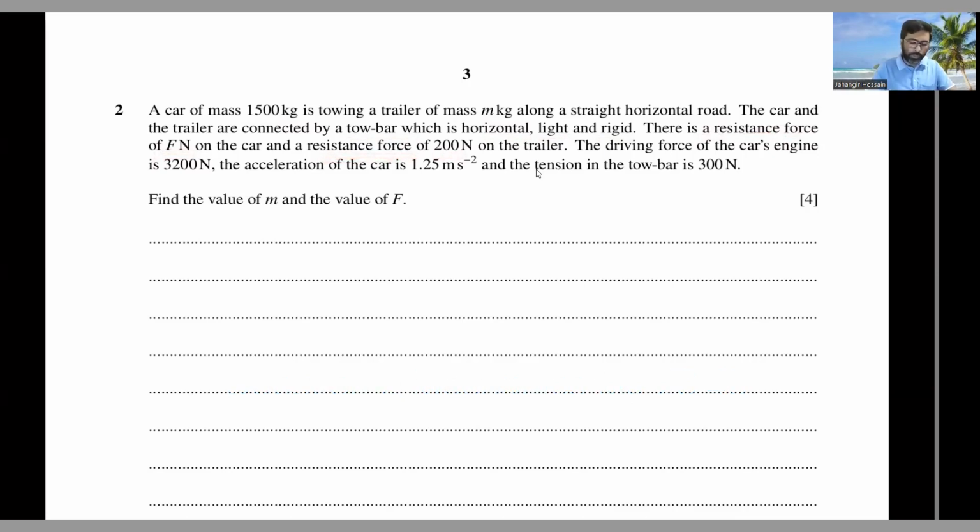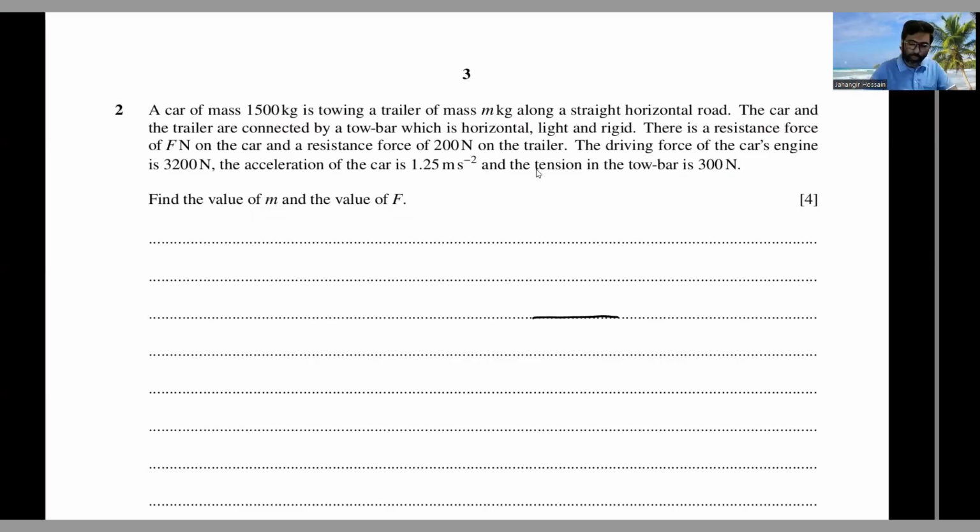The driving force of the car's engine is 3200 Newton. The acceleration of the car is 1.25 meters per second squared. The tension in the tow bar is 300 Newton. Now find the value of M and the value of F. For this one, let's draw a rough diagram of this information.